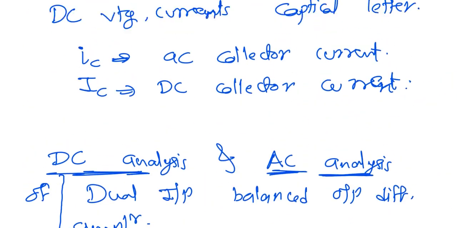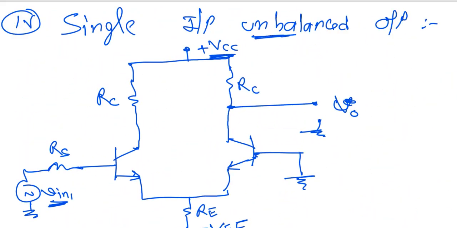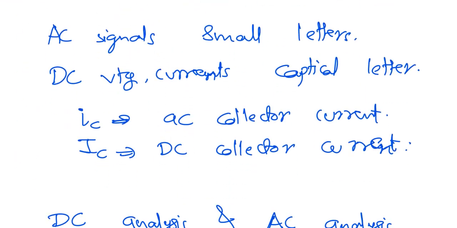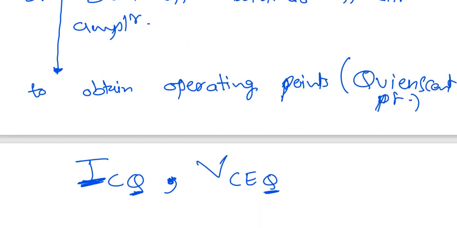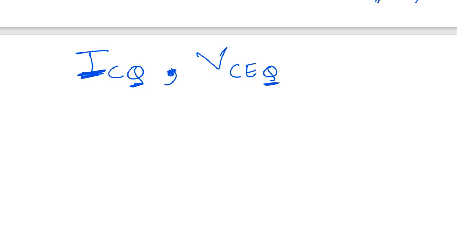So by doing DC analysis we will obtain the DC current IC which will flow through this transistor, where this is the collector terminal and this is the emitter terminal, and this voltage VCE. Whenever you use the differential amplifier, this much DC current and this much collector to emitter voltage must be there in the transistor.